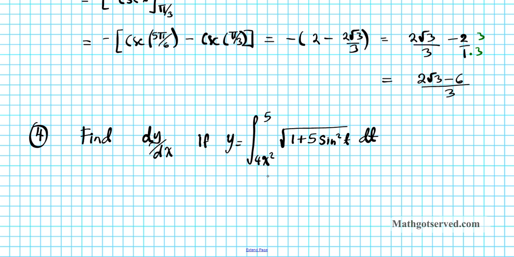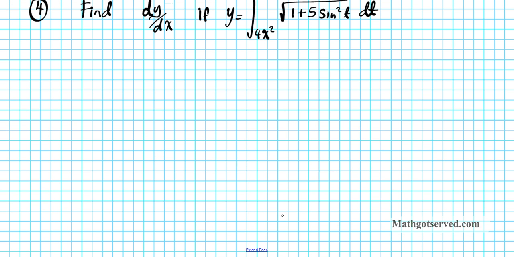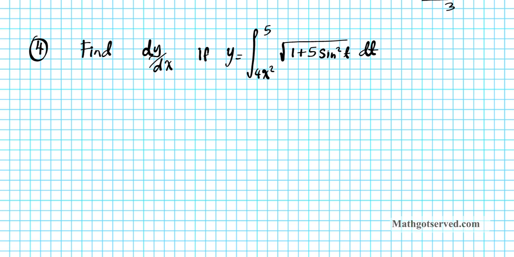This is FTC part 1 that we're going to be using here. Notice that we have a constant as the upper limit of integration, and a variable as the lower limit. Remember the procedure for this.